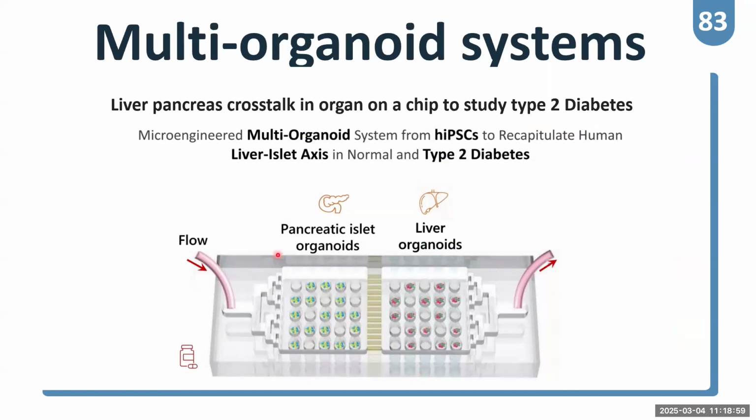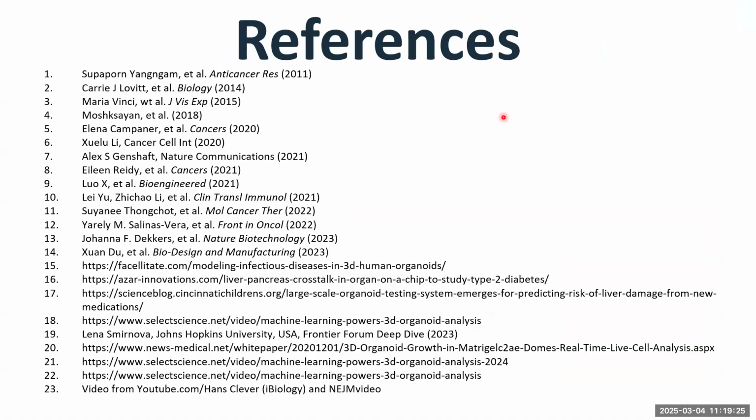We try to build a machine that can put organoids from different organs of the same patient and test them with the same treatment and the same medium. The organoids come from different organs but are joined together in the same situation. Okay, so I will end.